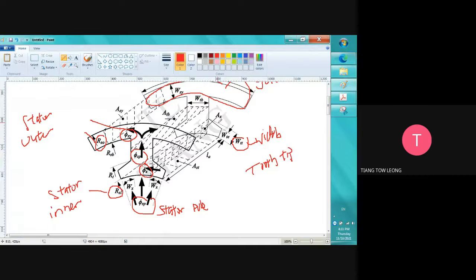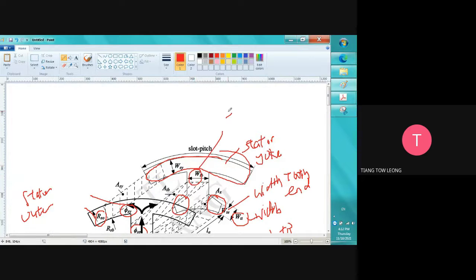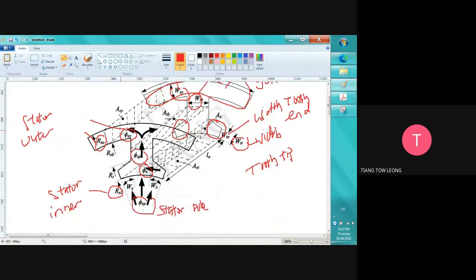This is called the tooth tip. And then we have the width of the tooth end, and then the width of the tooth body. Tooth body. Then we have the stator yoke. Now this is all the terminology.